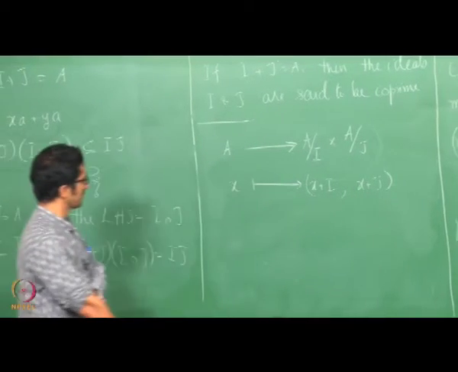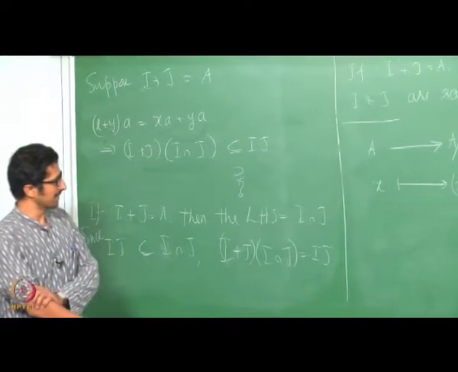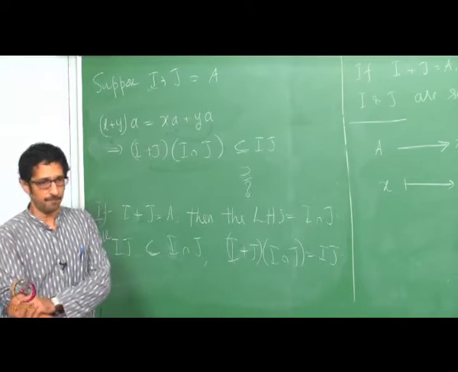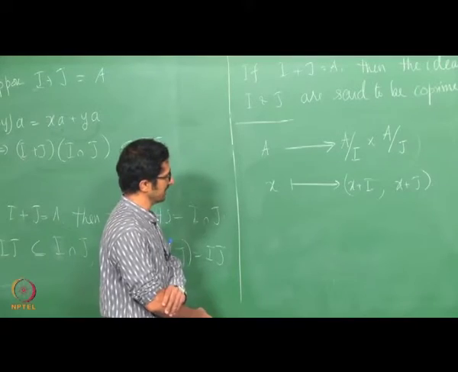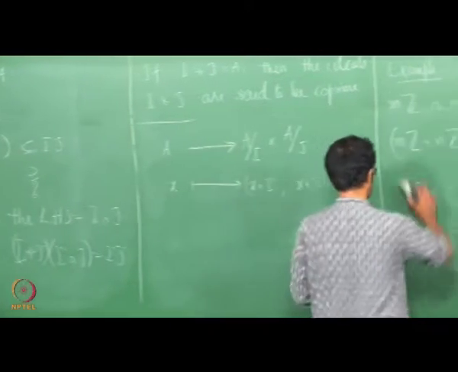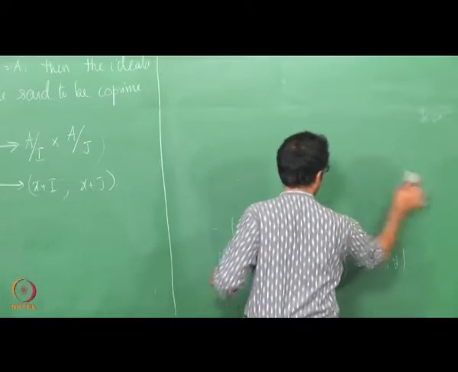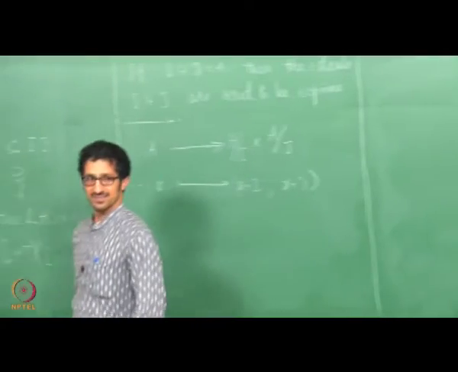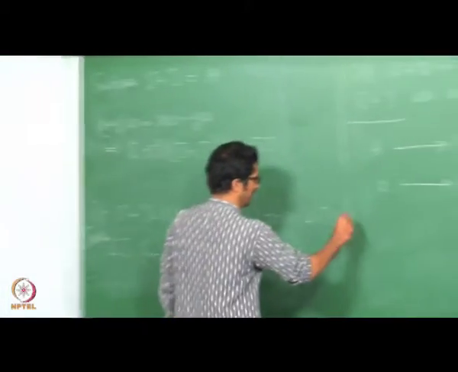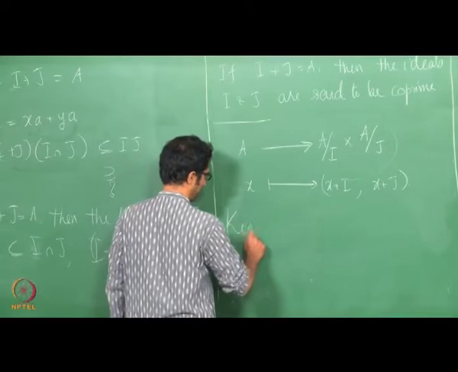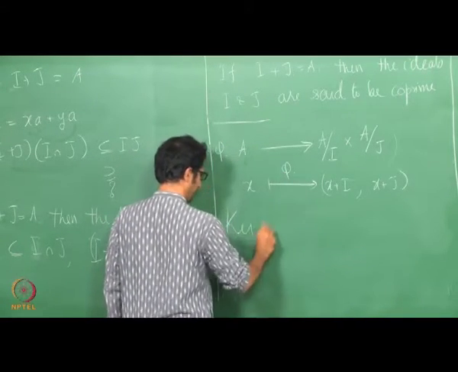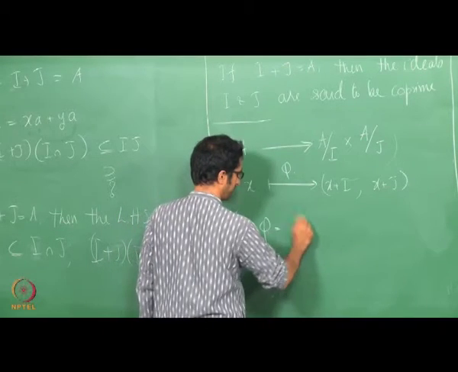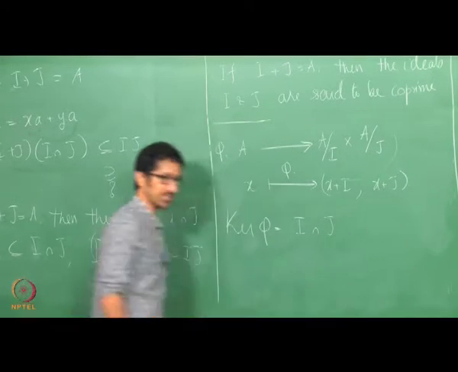This is a natural ring homomorphism. Can you say anything about the kernel of this map? Let us call this map phi. Kernel phi is I intersection j.